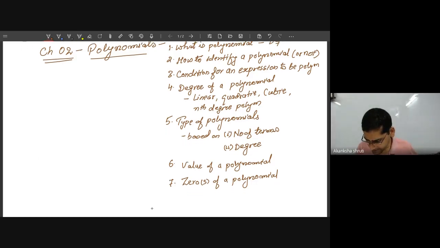After that there is the other topic called factor theorem and remainder theorem. Factor or factorization of polynomial first we will learn.